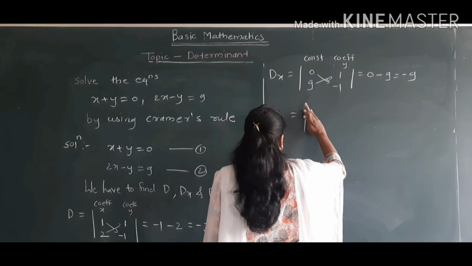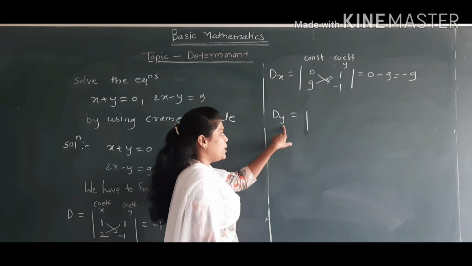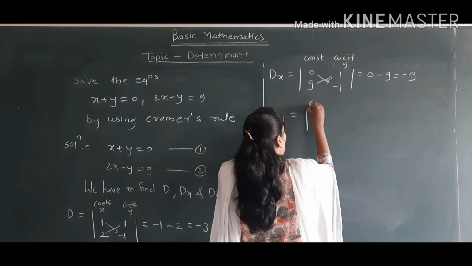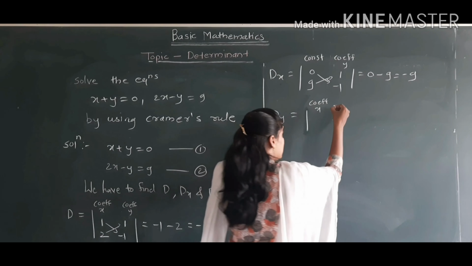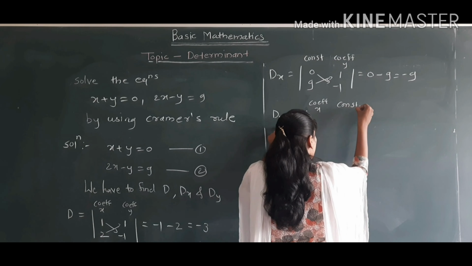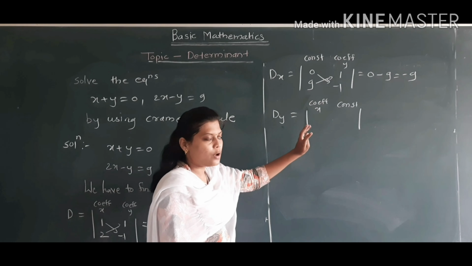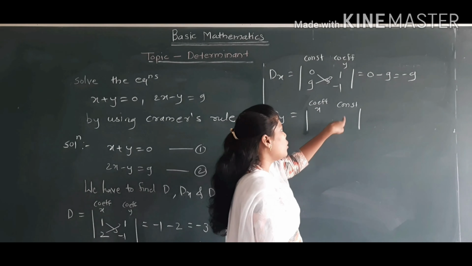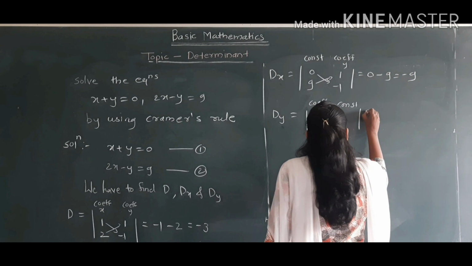Now find Dy. In Dy it has the variable y. Therefore the coefficient of x is as it is and the coefficient of y is replaced by constant.